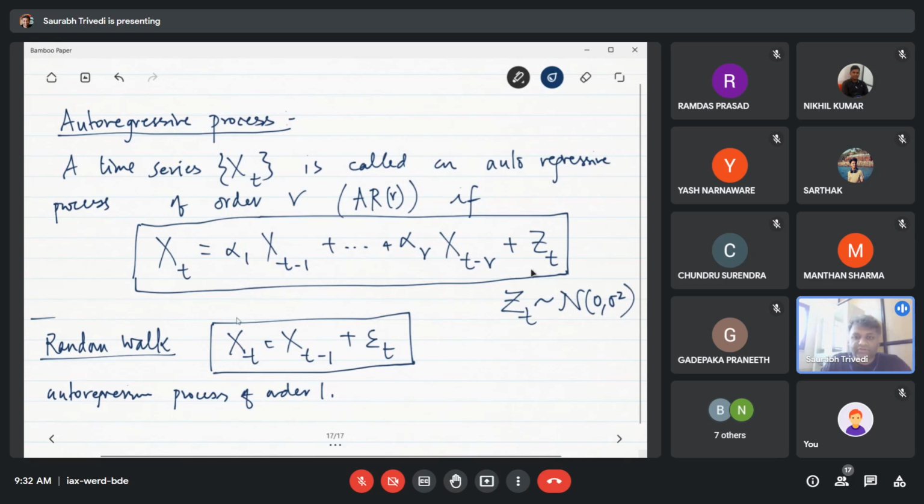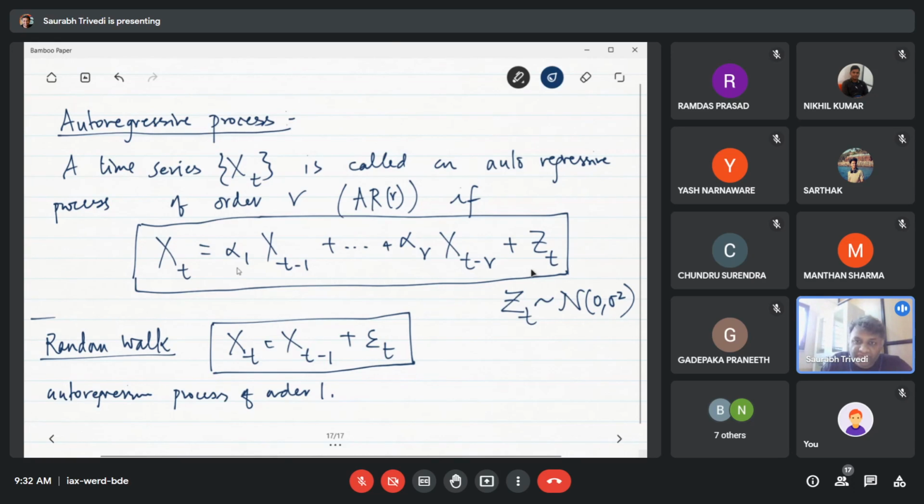But we know that this one is rarely stationary. We have also seen that this one is rarely stationary. In fact, this one is never stationary.